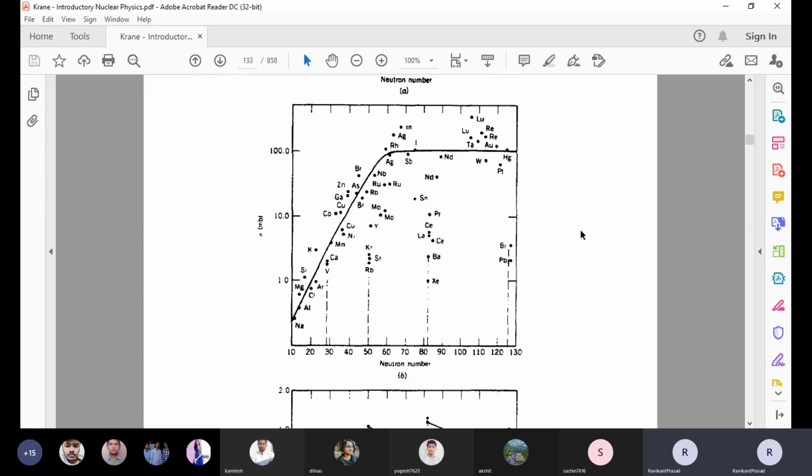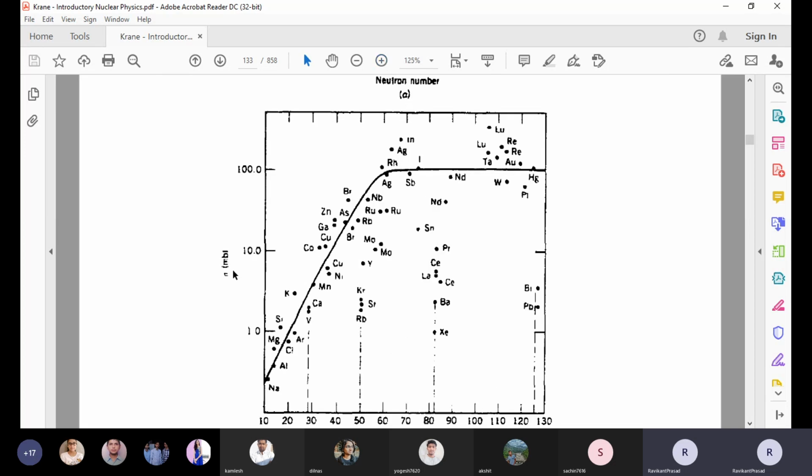Okay, the second evidence is concerned with this number. I don't think it is visible to you in a more prominent way, but this is something like a sigma, which is the reaction cross section.